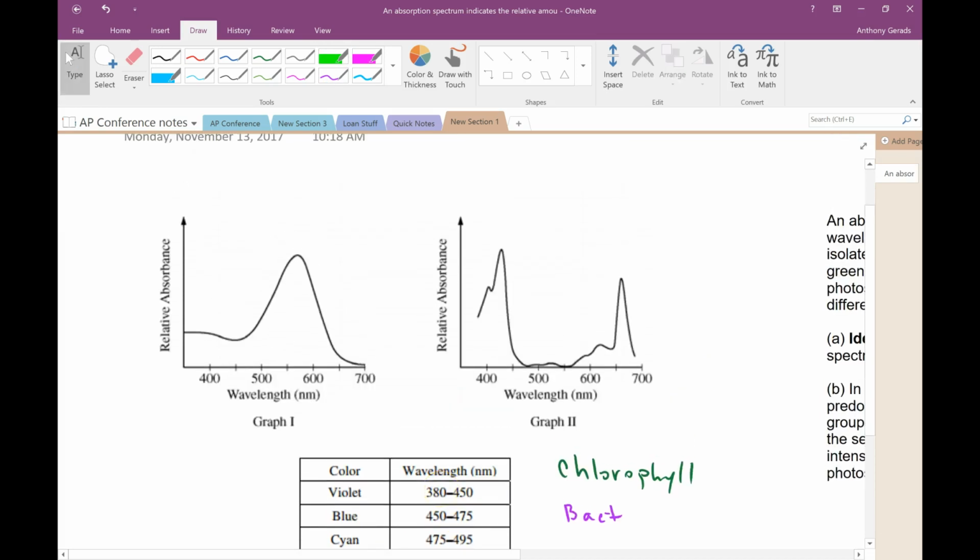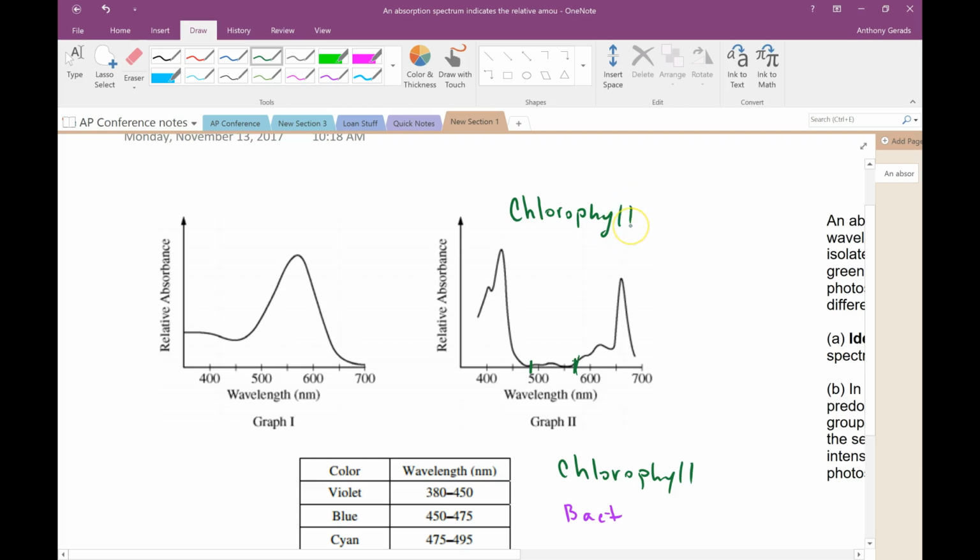If I look on graph 1 from 495 to 570, did it absorb a lot of wavelength of light? It did. Meaning this one's not chlorophyll. Okay? If I look right here, 475 to 570, it didn't really absorb anything. Meaning this one's going to be chlorophyll.